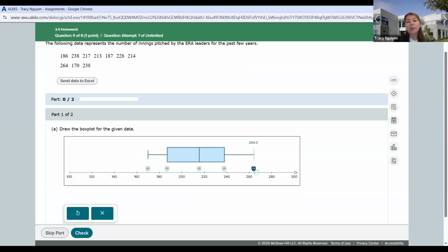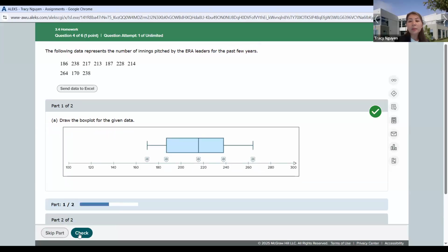So after you graph the 5-number summary, go back to double check. Here we have 170, 187, 215.5, 238 on this cursor, last cursor at 264. I believe we have it. Okay, that's how you draw your box plot.